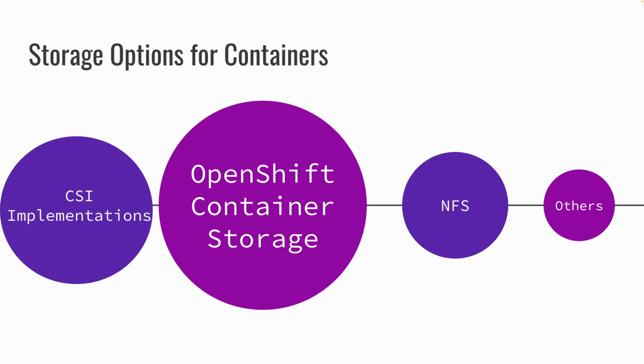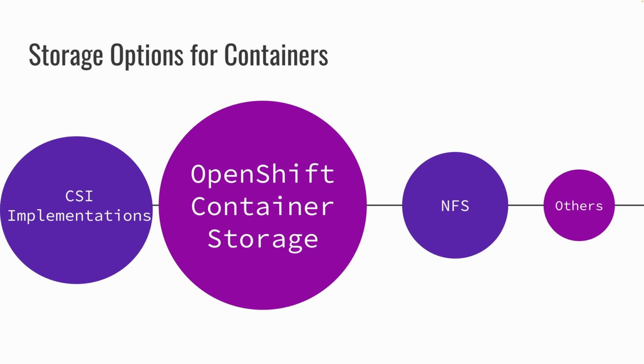OpenShift Container Storage is very robust and highly scalable. It is a very reliable storage option for your application workloads. And on top of that, the best Kubernetes implementation available to date is OpenShift Container Platform.